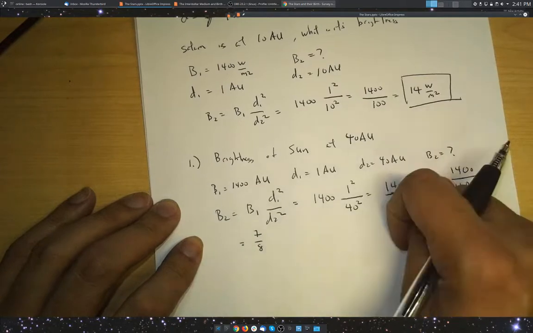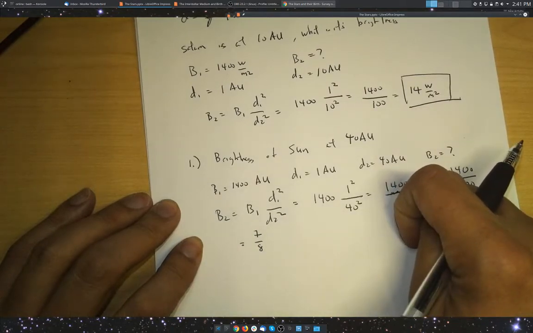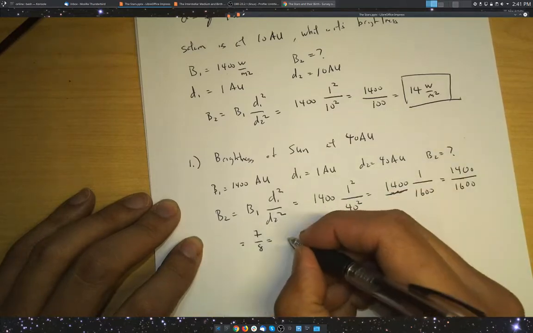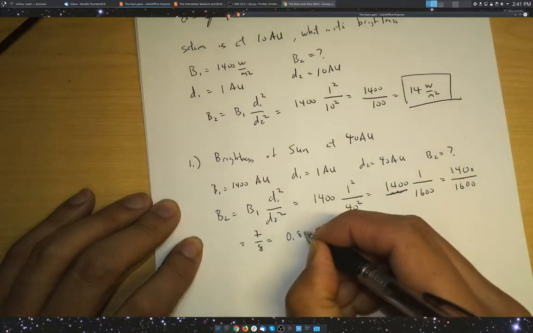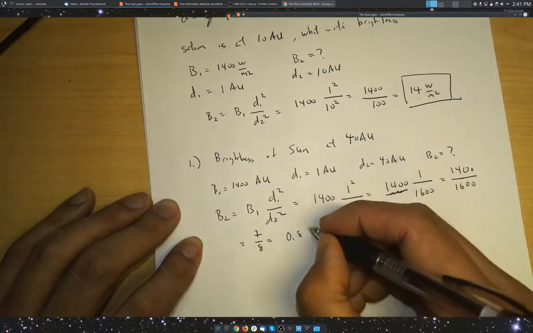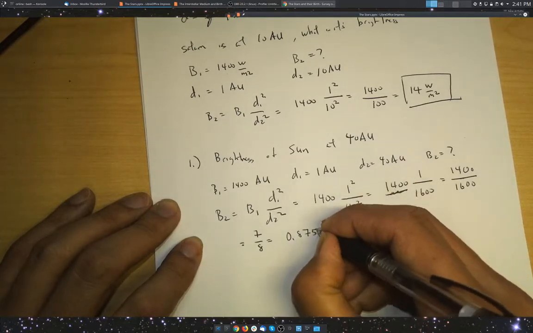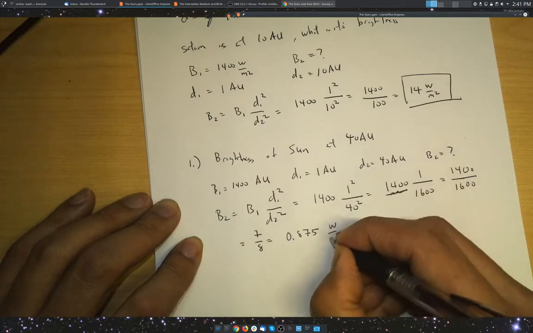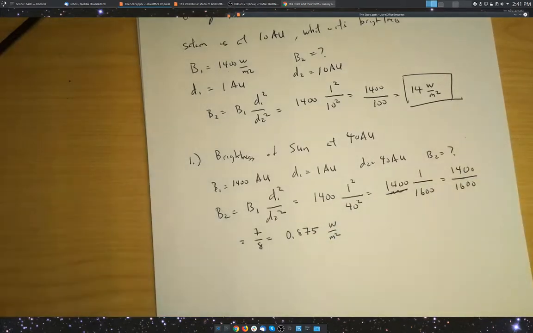I know 1/8 is 0.125, so this is 0.875, I think, watts per meter squared.